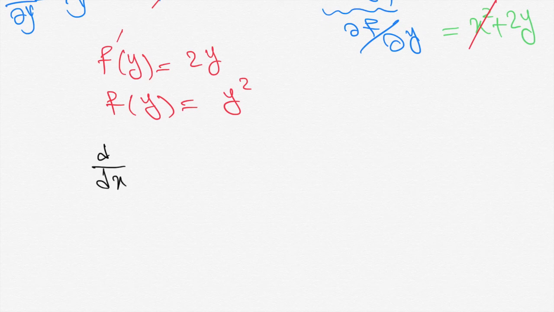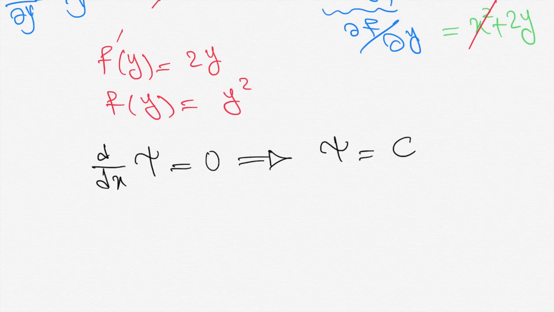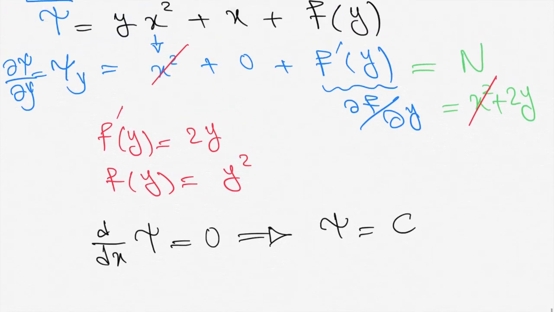Therefore, based on the chain rule intuition that we have, d over dx of xi is equal to 0, right? So it should be constant.